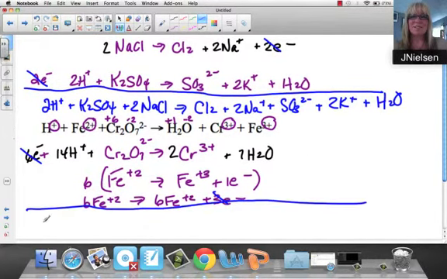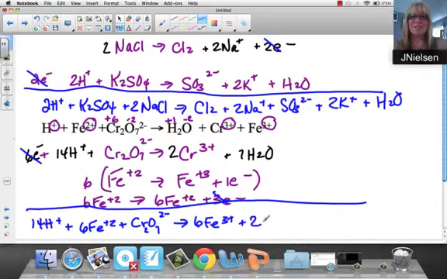So I've got 14 H plus, 6 Fe plus 2, plus Cr2O7 2 minus going to 6 Fe3 plus, 2 Cr, and 7 H2O. Okay, so that's it for acidic solutions.